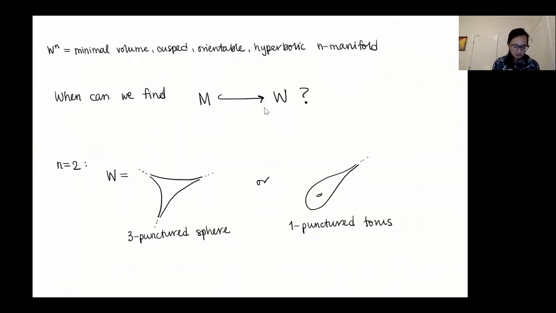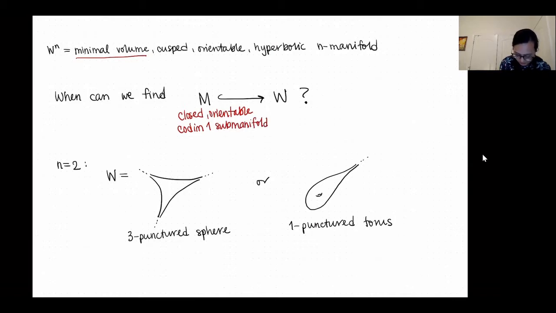So the first thing I want to do is set W throughout this talk to be a minimal volume, and this is important, so let me just highlight it, cusped, orientable, hyperbolic n-manifold. The general question we're concerned with is when can you embed a submanifold M into W? I want M to be a closed, orientable, codimension 1 submanifold.